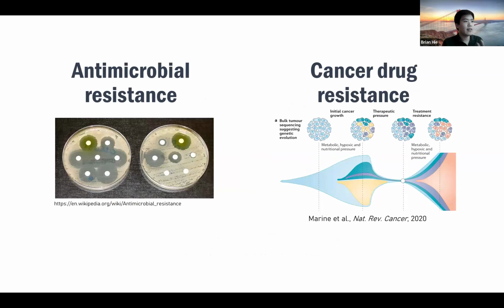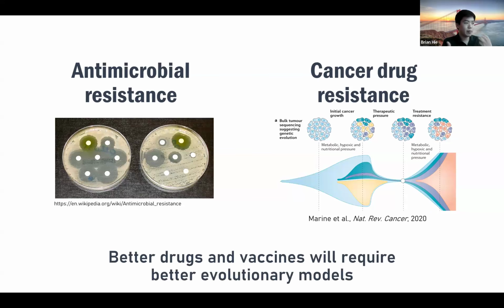And more broadly, evolution is the driving force behind the worldwide emergence of multi-drug resistant bacteria, as well as drug resistant tumors as well. So if we want to be developing better drugs or even better vaccines for these different diseases, then we're going to need better evolutionary models and better ways to understand and counter the evolution of these diseases.